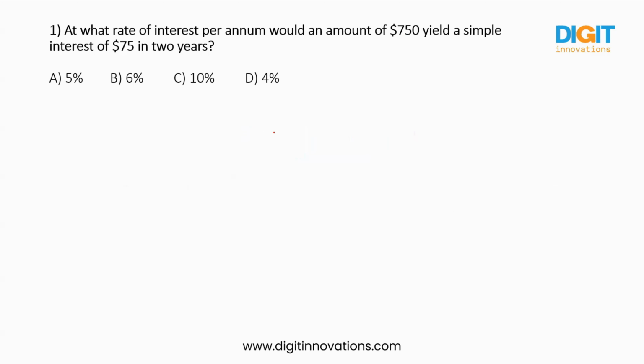Simple interest, we can simply use the formula: simple interest equals PTR by 100. SI is simple interest, P is principal, T is time, and R is rate of interest. Simple interest is 75 as they told, and principal is 750 into time period, which is 2 years.